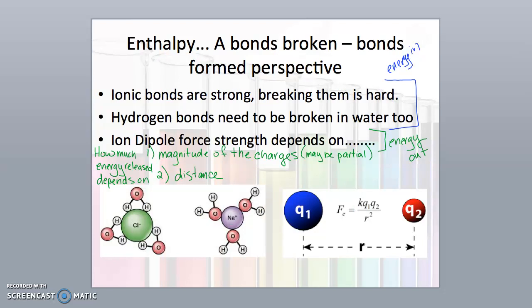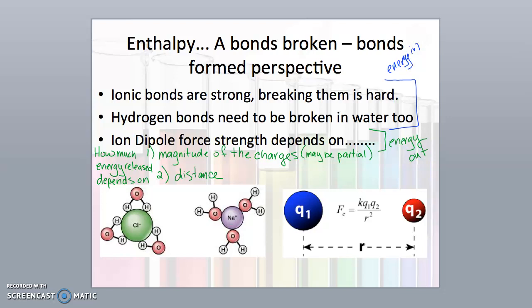So there's a lot going on here. In the case of sodium chloride, we had those ionic bonds, and they're really, really strong, so it would require a lot of energy. Hydrogen bonding, that's a strong intermolecular force, needed to be broken too. But we form these ion-dipole intermolecular forces, which are pretty darn strong as well.